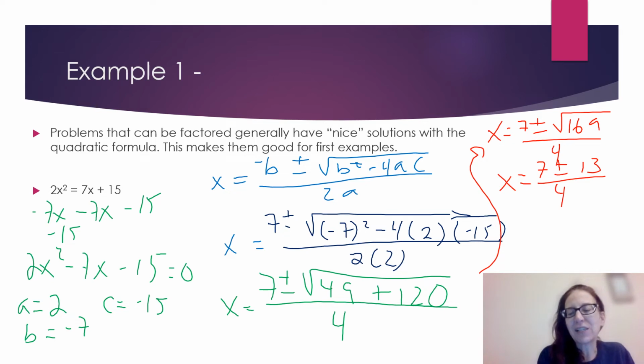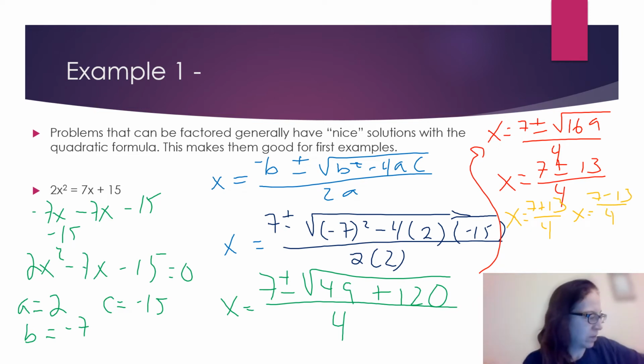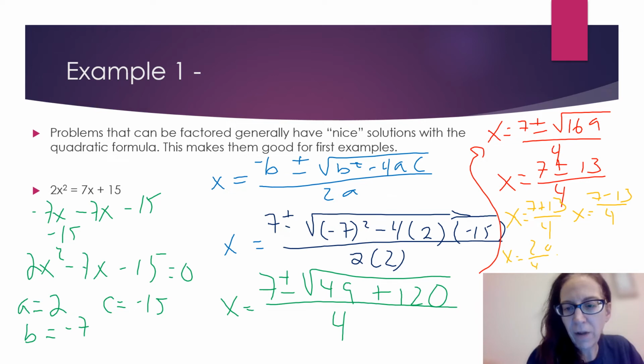And now we run into this issue where, okay, we have this plus and we have a minus. We can only do one at a time. So we have to split the problem in two, where you're going to have one that's going to be 7 plus 13 over 4, and the other one's going to be 7 minus 13 over 4. 7 plus 13 is 20, and 20 divided by 4 is 5, so one of the answers is 5.